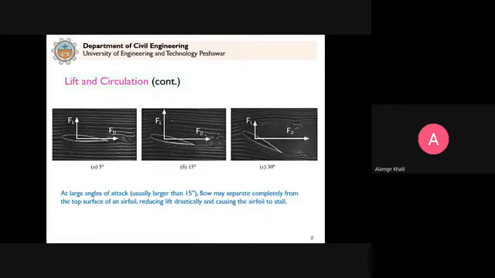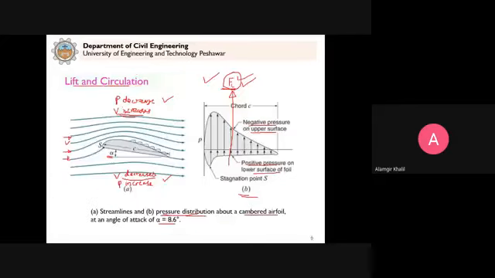Now, I said before that in these lift forces, the angle of attack is a very important parameter. It is the angle that the chord C makes with the horizontal. This is a very important parameter, clear, because it directly affects the lift force.